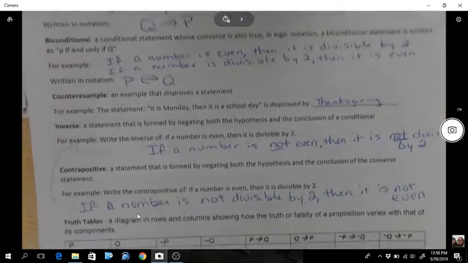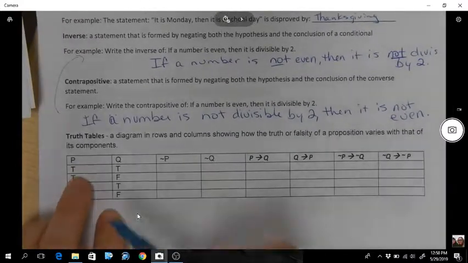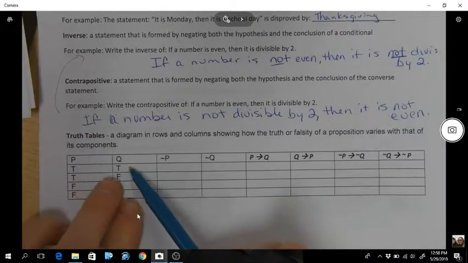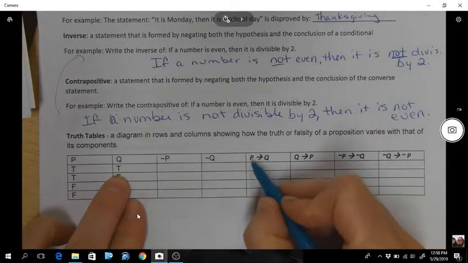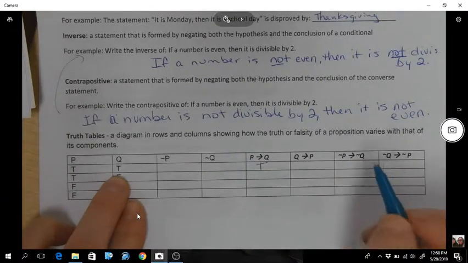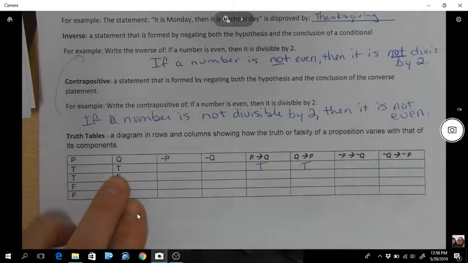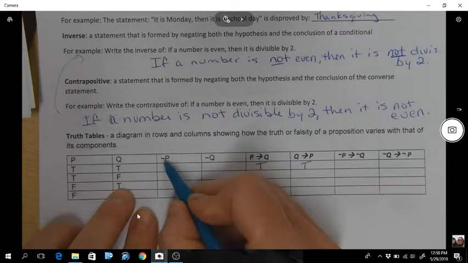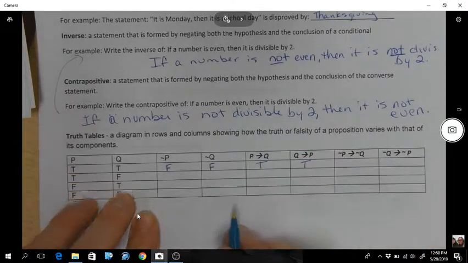Okay, and last thing is learning to do a truth table. So given your hypothesis is true and your conclusion is true, you would state if P, then Q is also true. If you switch it around, this would also be true. True, given true. Then when you see this symbol, it means not P. So not P would be false, not Q would be false.